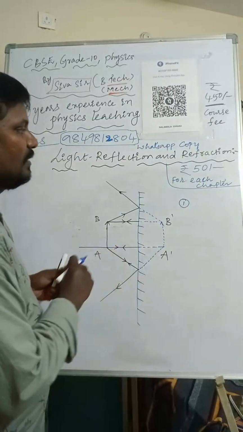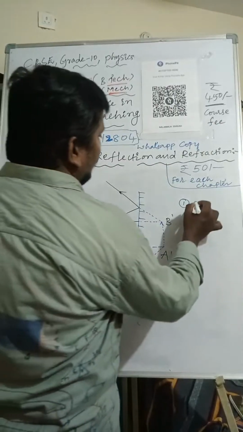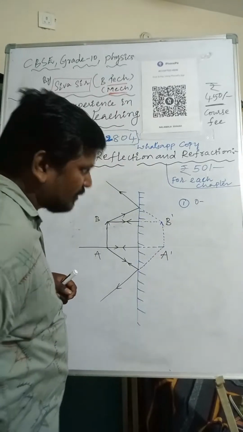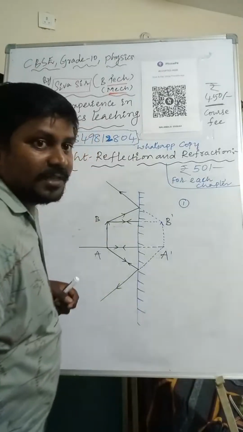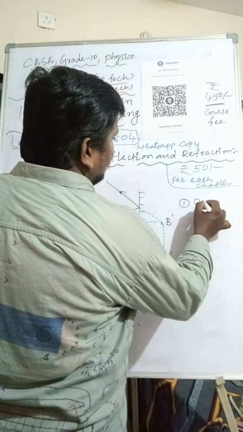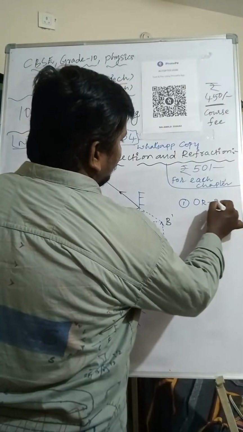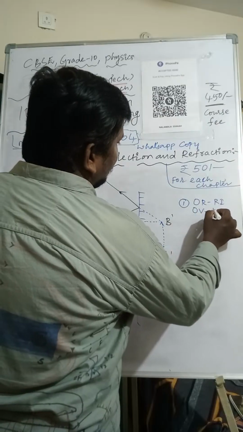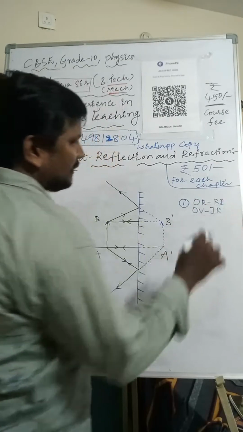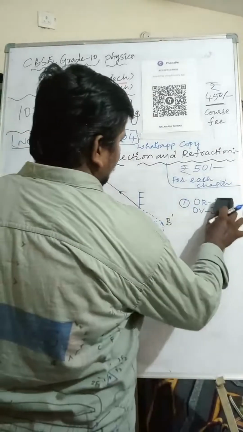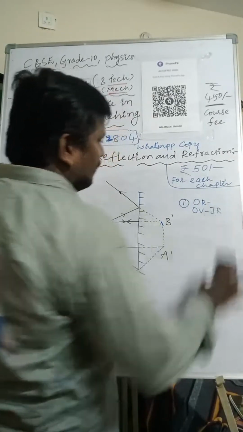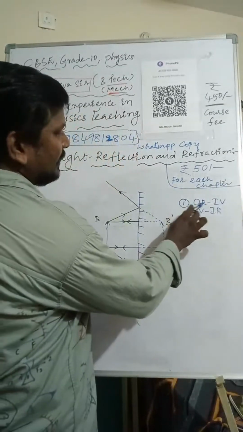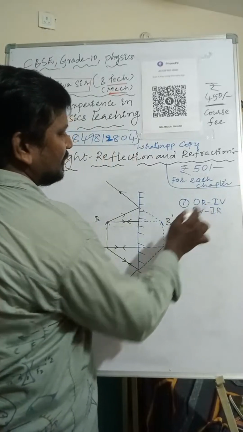In the previous topic I explained: object is real, image is virtual, and if the object is virtual, the image is real.